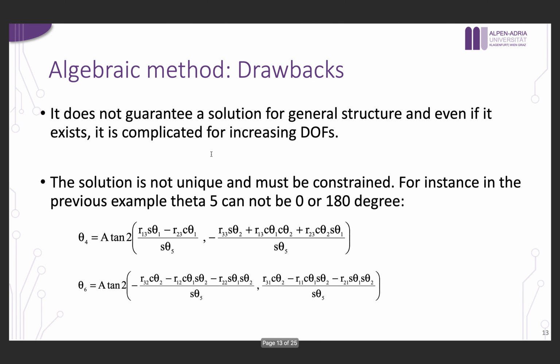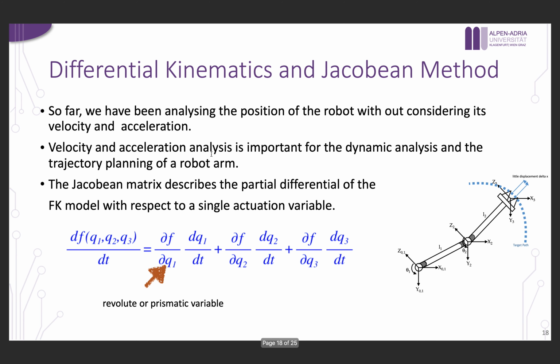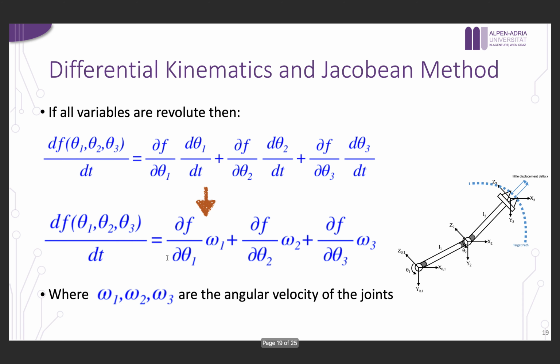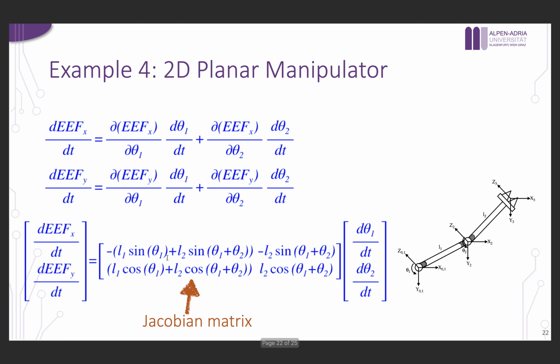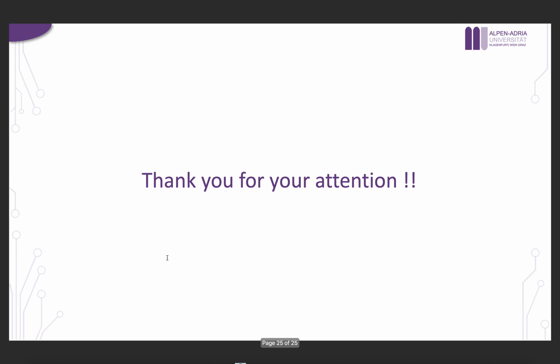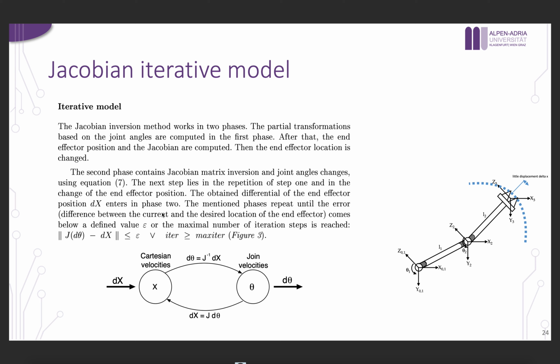For the Jacobian, it's very easy, and it's good to understand how it works. You need to get the differentiation of the forward kinematics, which gives you the Jacobian matrix, and then for the inverse you take the inverse of that Jacobian matrix. You also need to know this one.